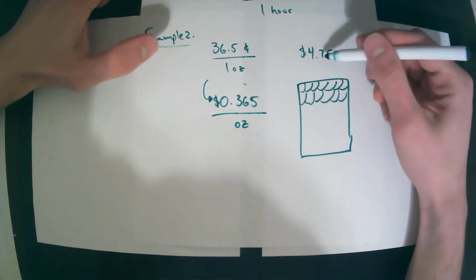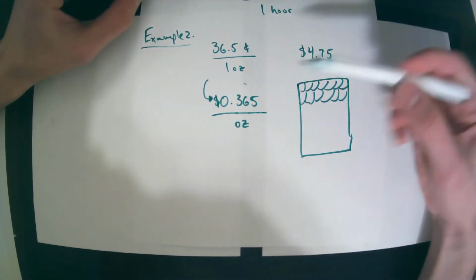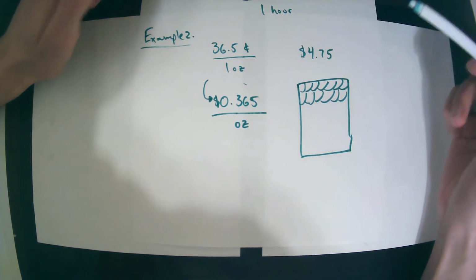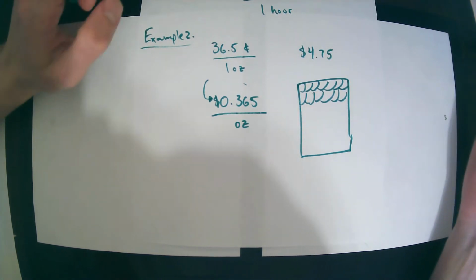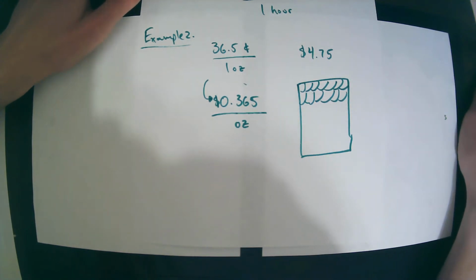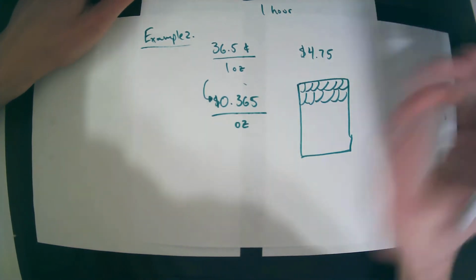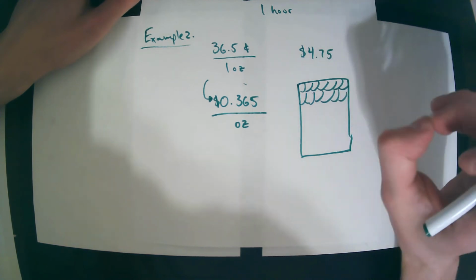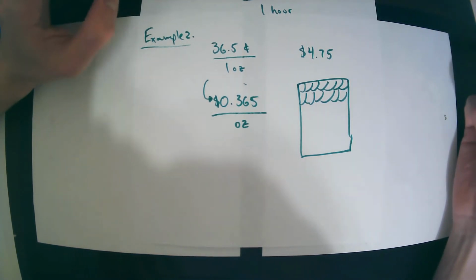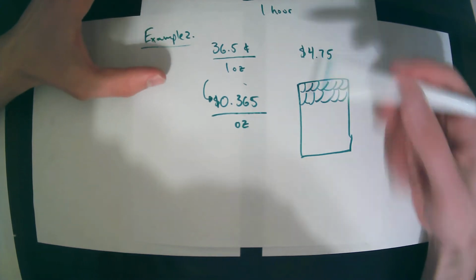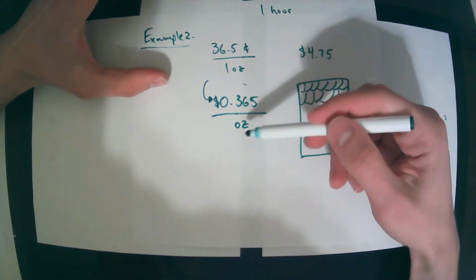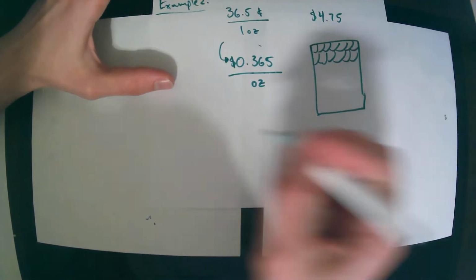We could take 4.75 and continuously subtract this from it and keep a tally of how many times we subtract, but we are more savvy than that, and we know that keeping track of repeated subtraction is the same as division. So long story short, we're going to take the total amount divided by the unit price, and that will give us the quantity of the number of ounces in this bag.